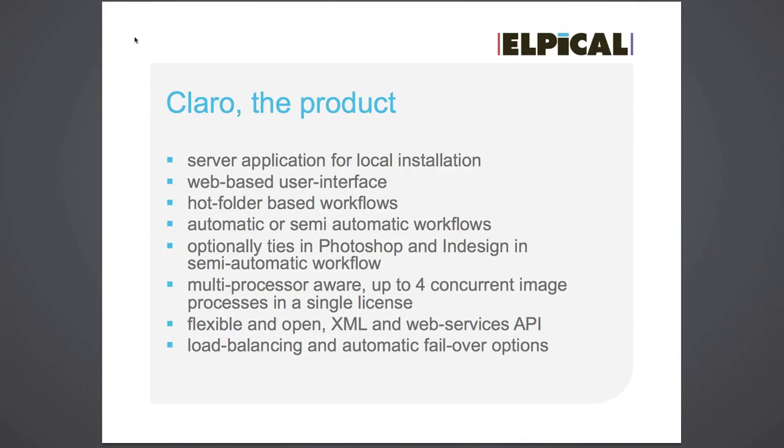You can either reroute bad quality images, really bad quality images, to an image operator, but you could also choose to have all images that are processed by Claro rerouted to an image operator to have a human eye inspect the optimizations that have been done by the software. In order to do that, the software ties in very closely with Photoshop, and we will see during the demo how that is done.